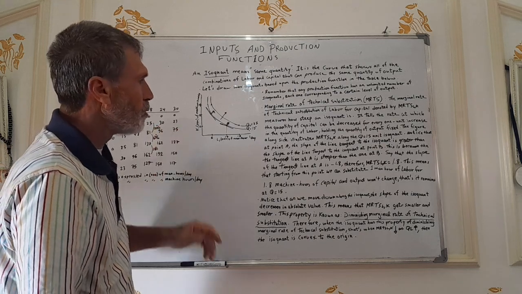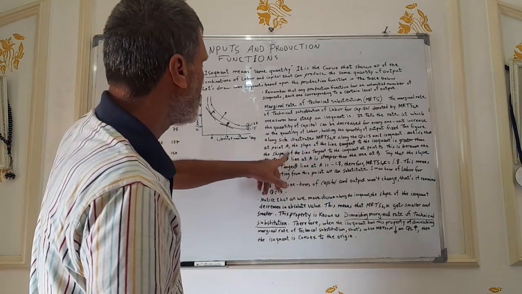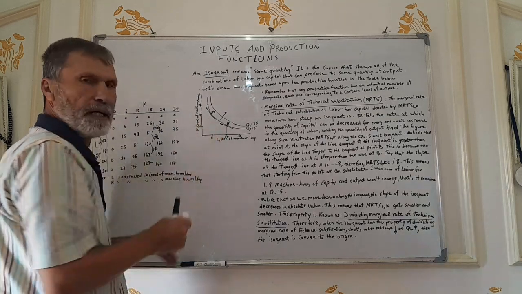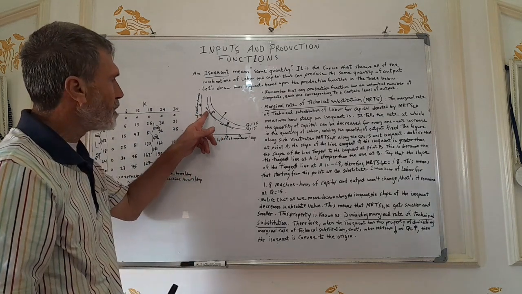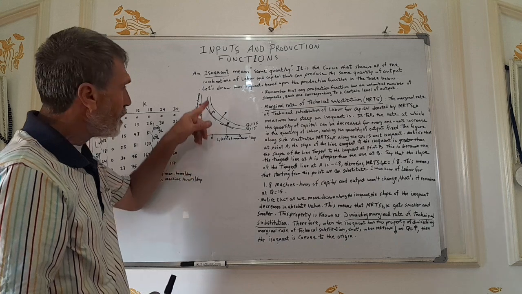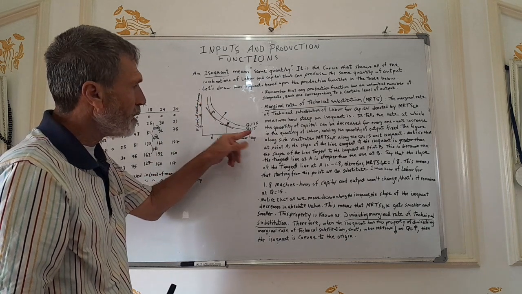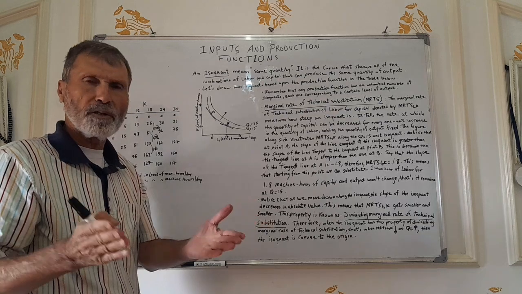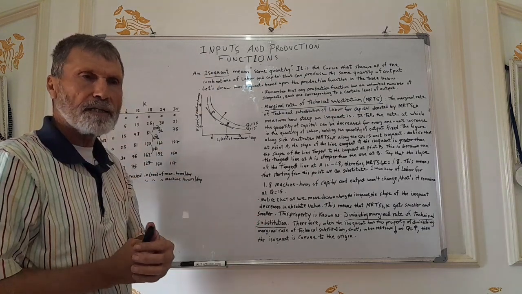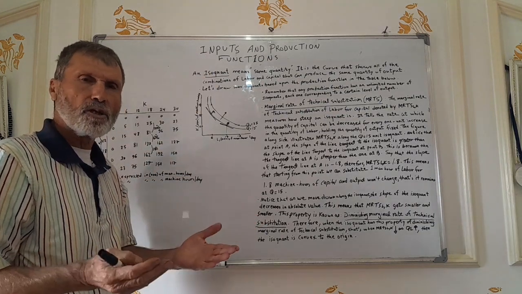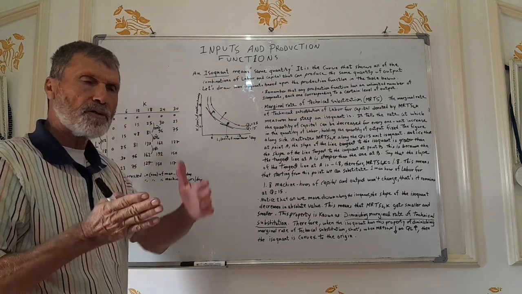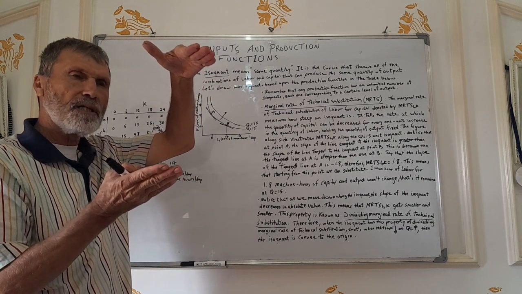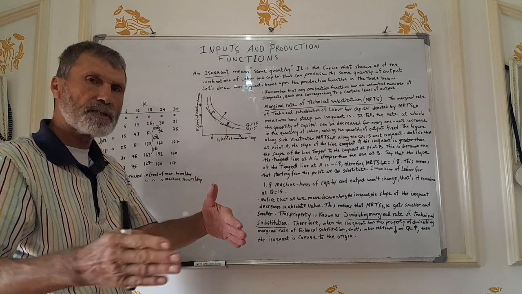Okay? So what does that mean? To find the slope of the tangent line at point A, on a curve like Q1 equal 15, all we have to do is take 2 points along that tangent line and then find the slope. The slope is rise over run, the change of the variable along the vertical axis over the change of the variable along the horizontal axis.